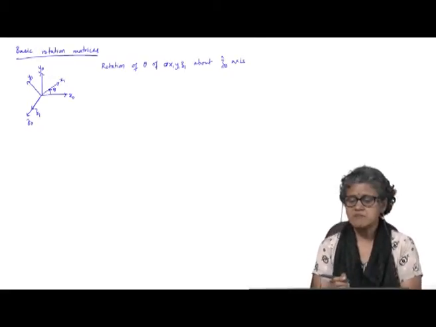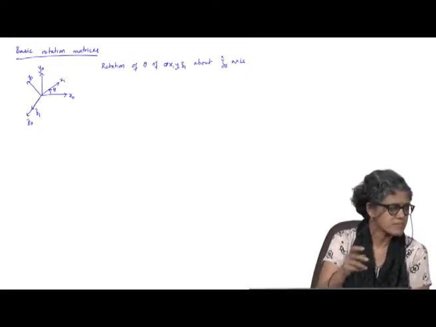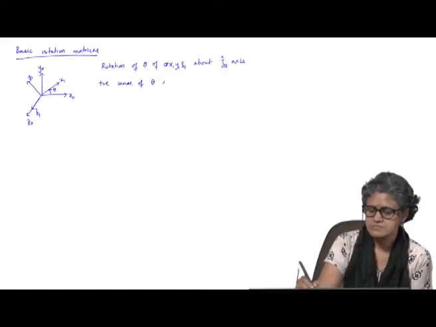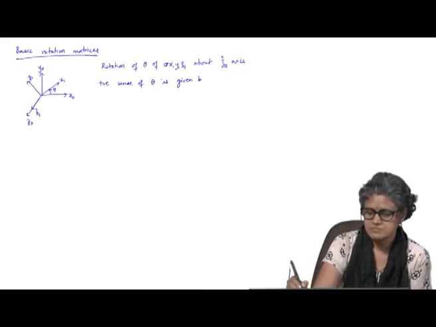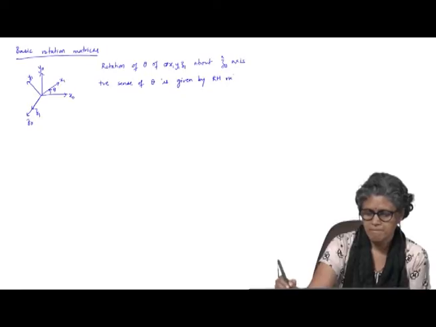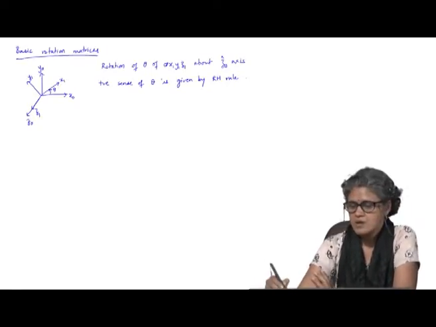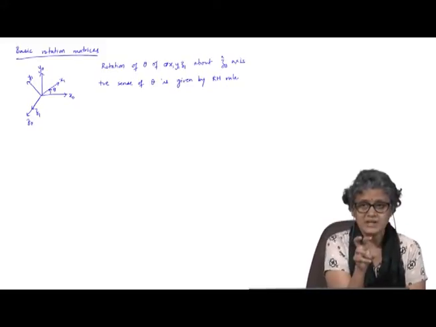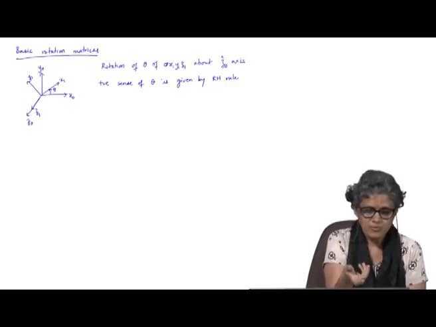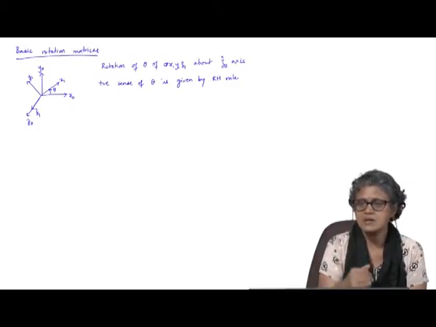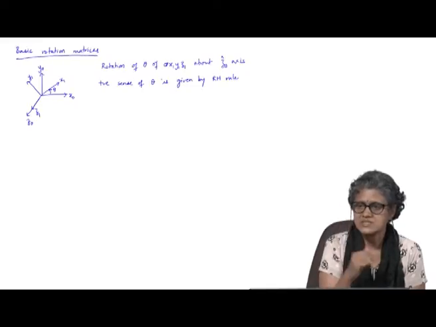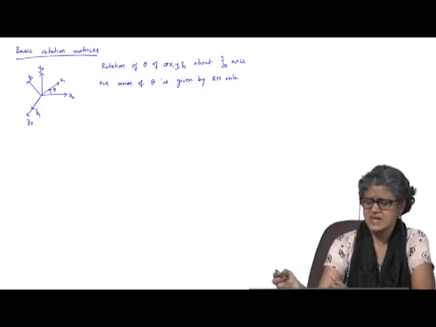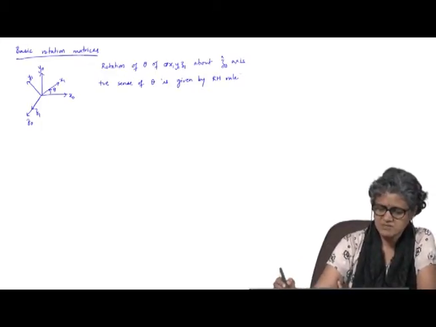Okay. Typically we follow the right hand rule. A positive rotation of theta is when, if you have a right handed threaded screw and you move along the direction of theta, then the screw advances along the positive axis, in this case the z axis. So, positive sense of theta is given by the right hand rule.